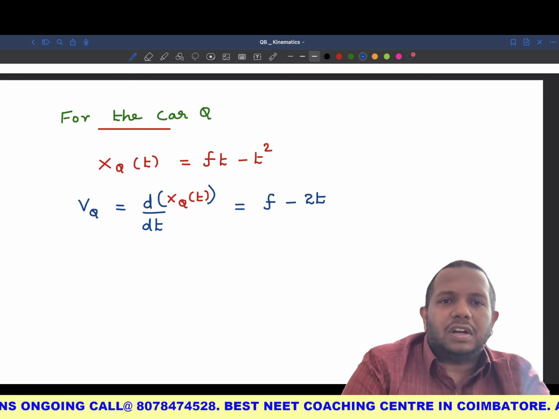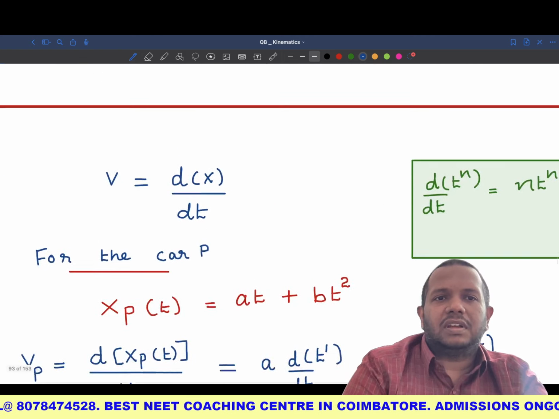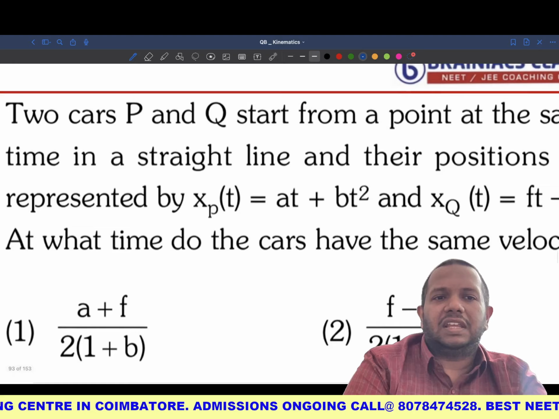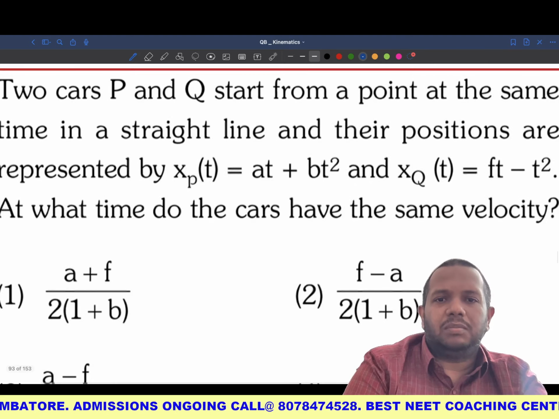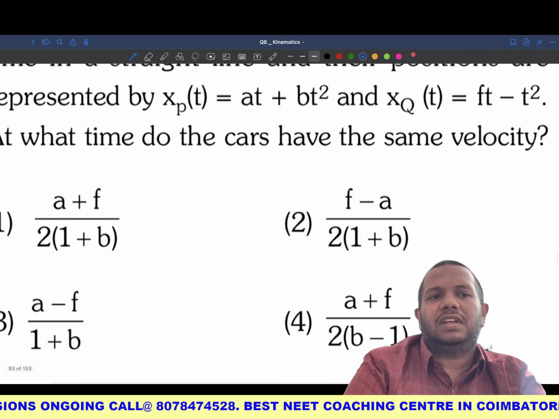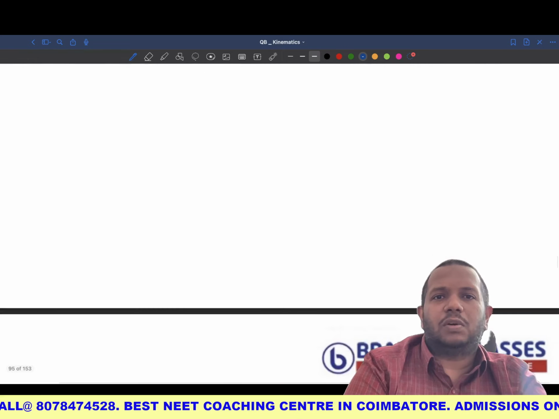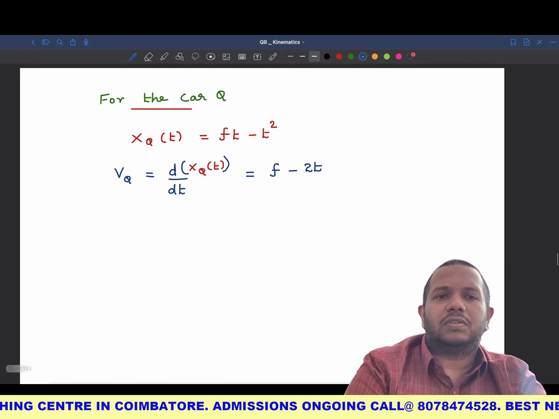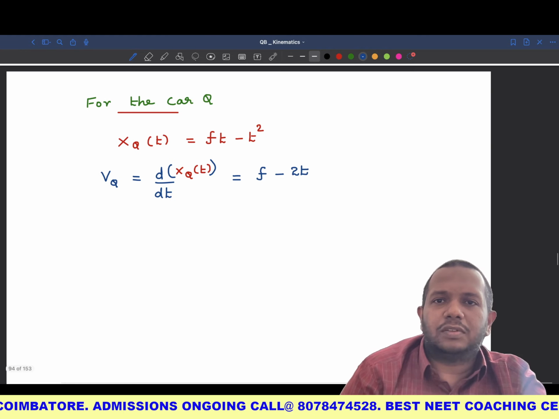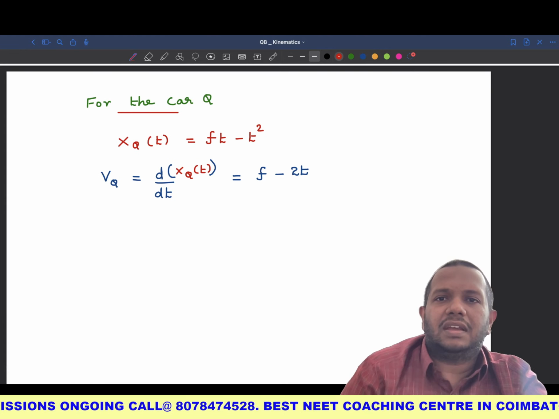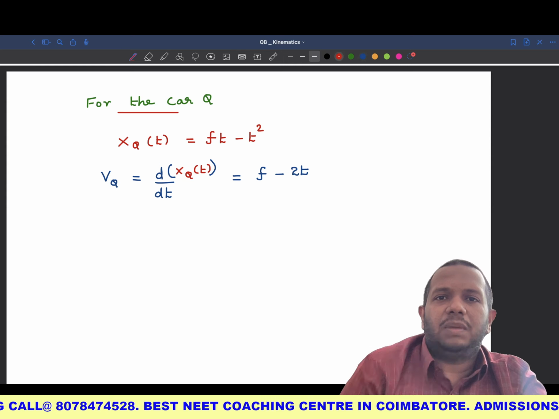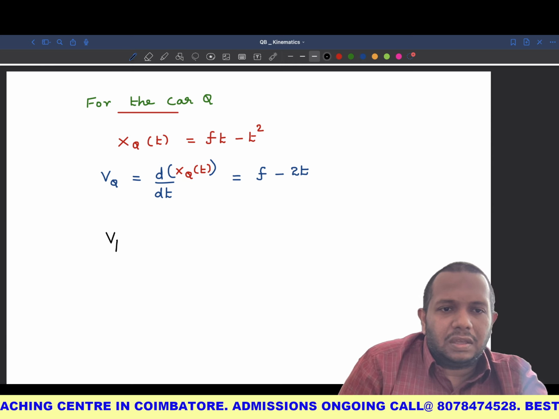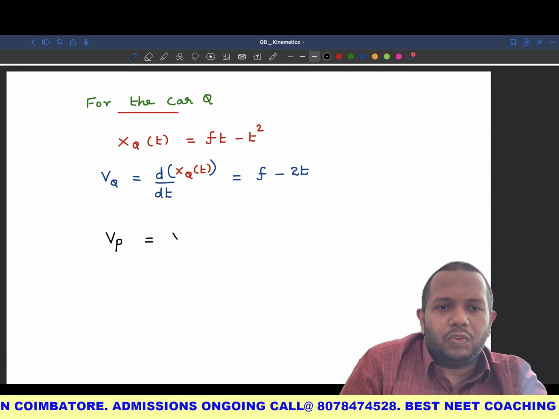Now what condition are they giving in the question? Go through the question, very important. In the question they are asking, at what time do the cars have the same velocity? So let us assume these two velocities are the same, that is Vp is equal to Vq.